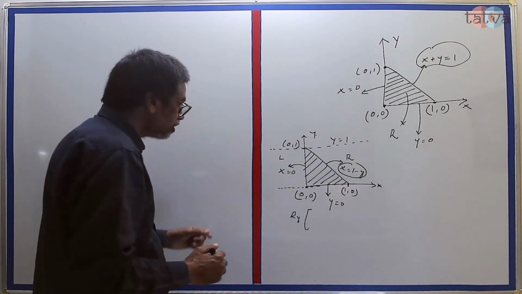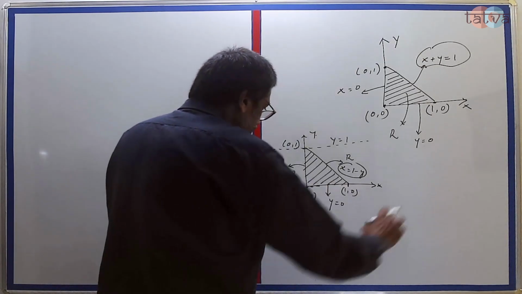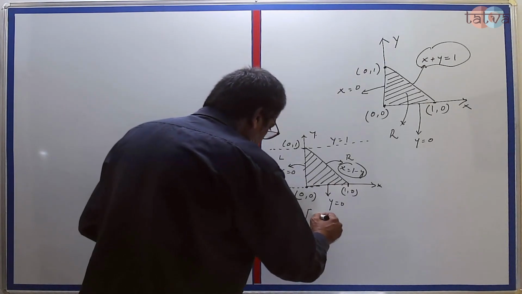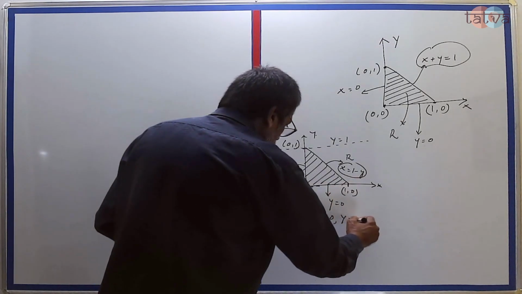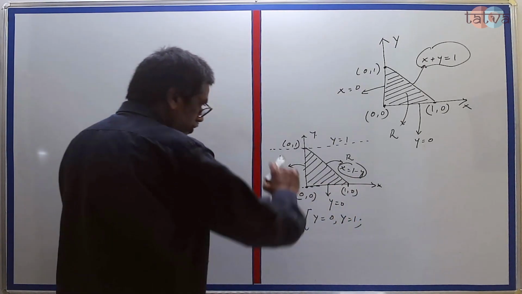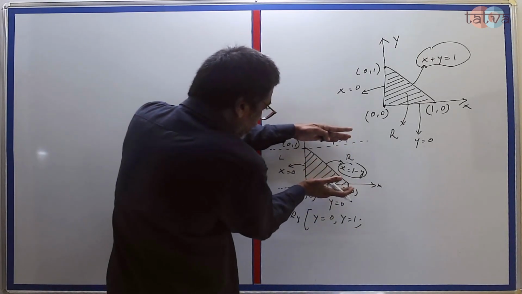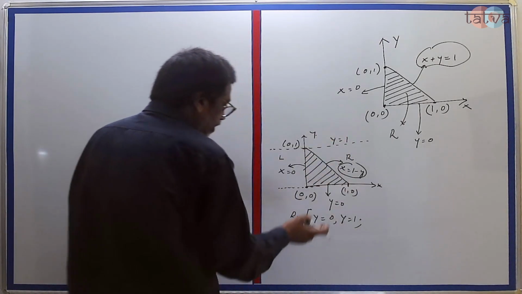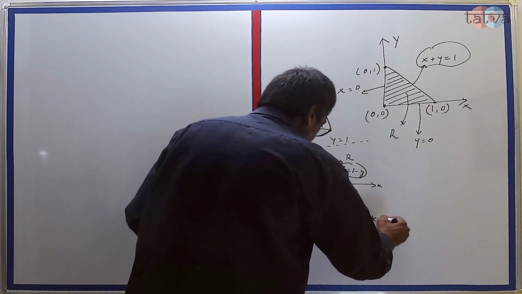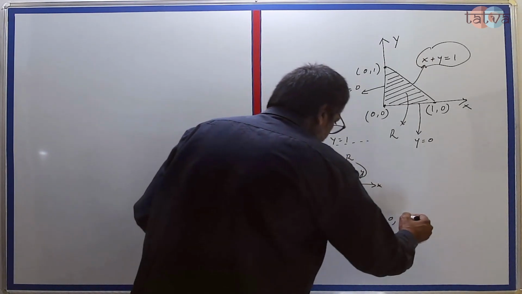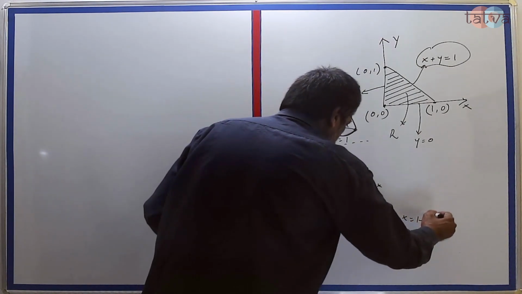So let us write the description of this Ry region. Y limits first start with y is equal to 0, then go upwards and it will be y is equal to 1. So these are the two fixed lines, horizontal lines. Now comes the x limits. Begin with the left limit, x is equal to 0, then go to the right, x is equal to 1 minus y.